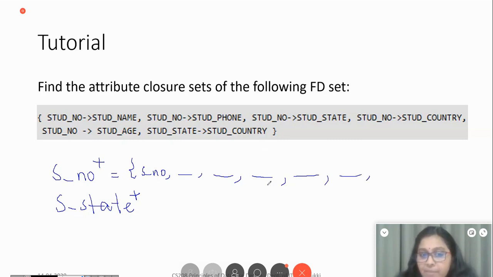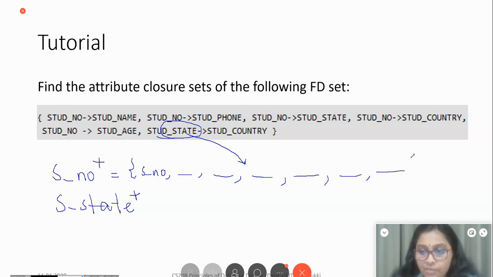No, we are not done yet, because student state already came as one of the attributes in the attribute closure. So now you have to consider this FD as well, because this FD has student state on its left hand side. Because this attribute already appeared in your closure set, you can include the right hand side attribute of this FD as well in your closure set.